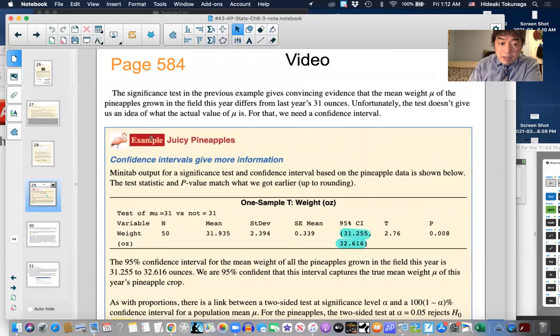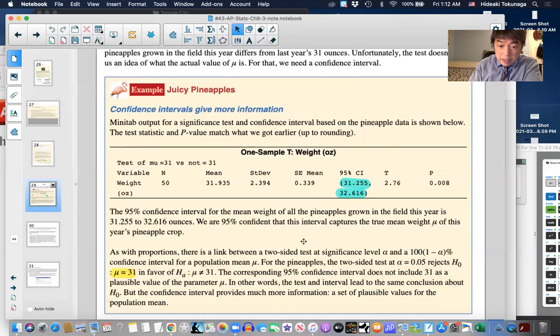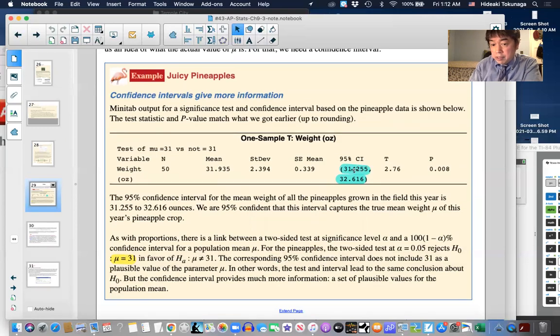This is the Minitab output, showing the 95% confidence interval. They give you the result: between 31.255 and 32.616.